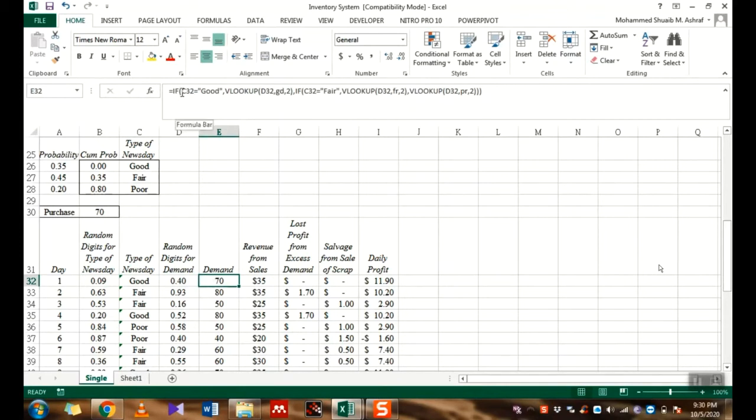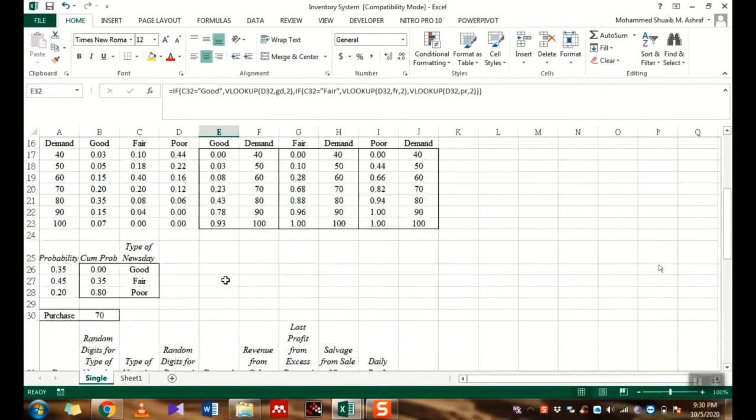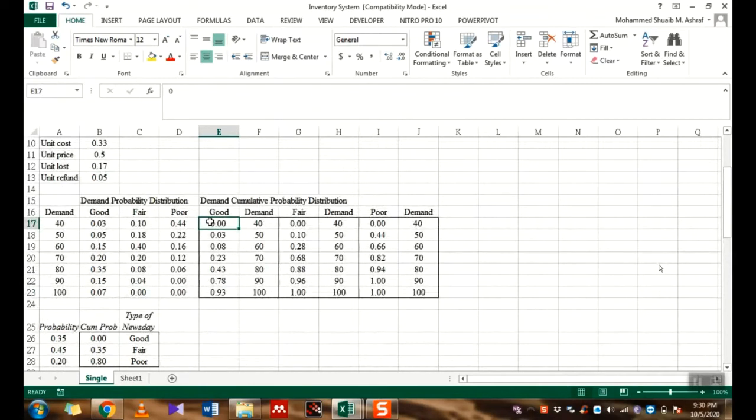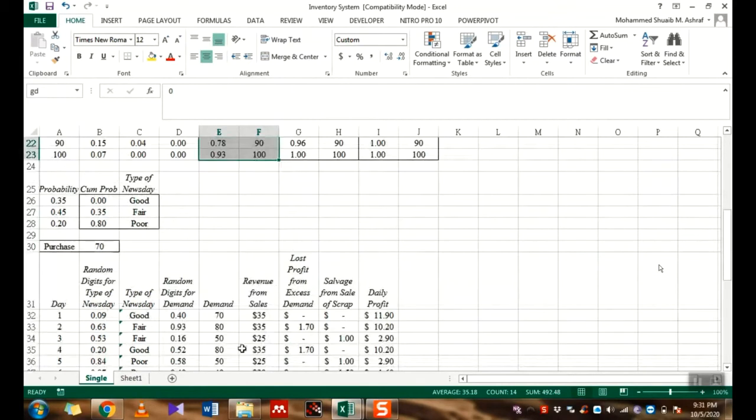If the type of news day is equal to good, I will search for this, and I will pass the column index 2. So I will get the demand for good.